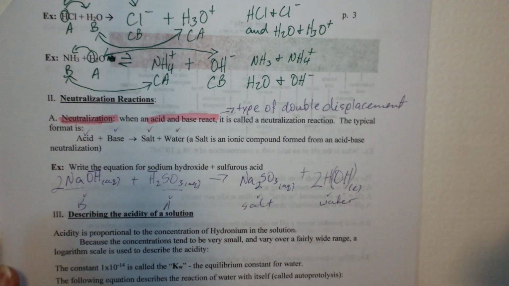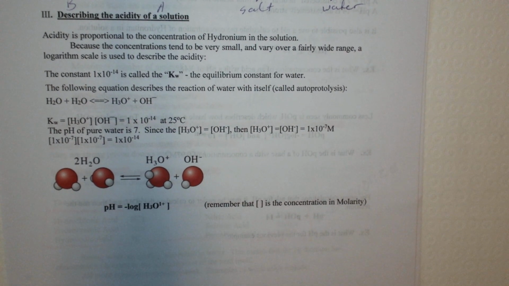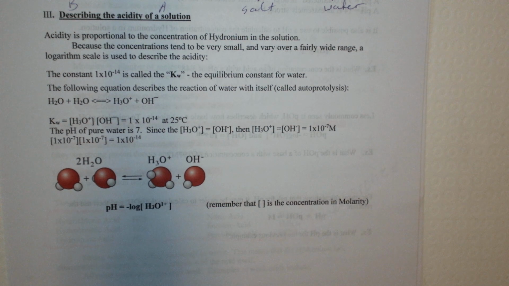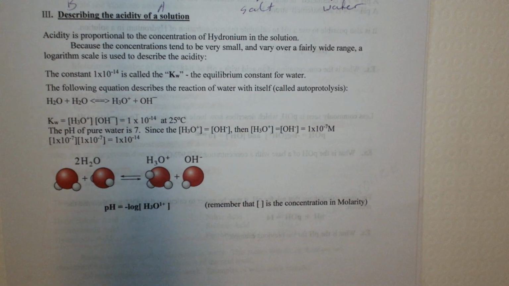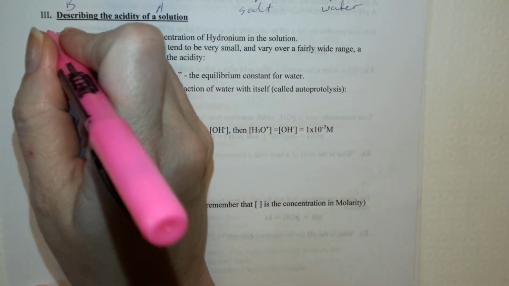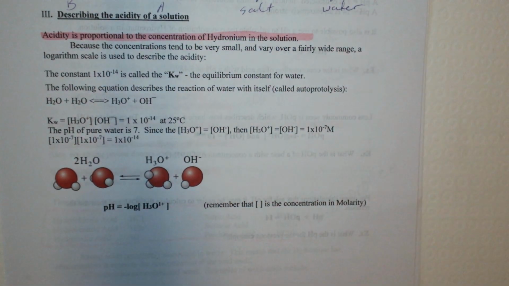Okay, so let's take this and apply it to our acid-base stuff. If you turn to page 3 of your notes, that's where I'm going to start. It says acidity is proportional to the concentration of hydronium. We like to use the terms hydronium and H plus interchangeably.